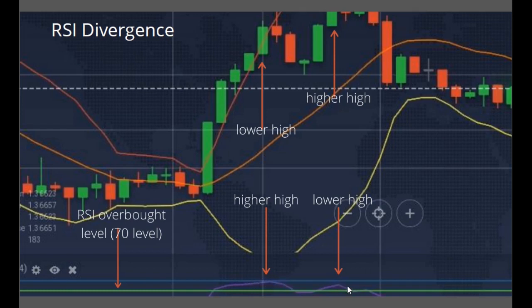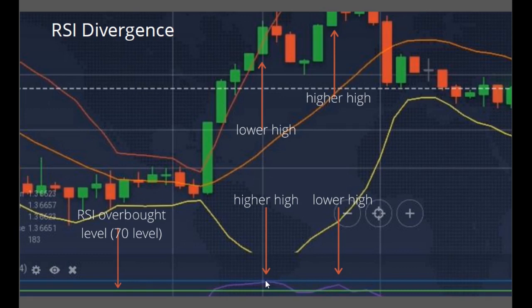So the RSI divergence is a drop in the market momentum. It tells you that the uptrend is about to end.